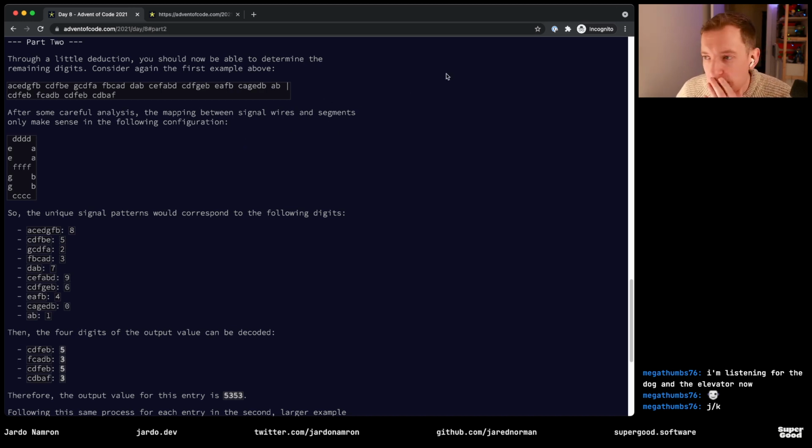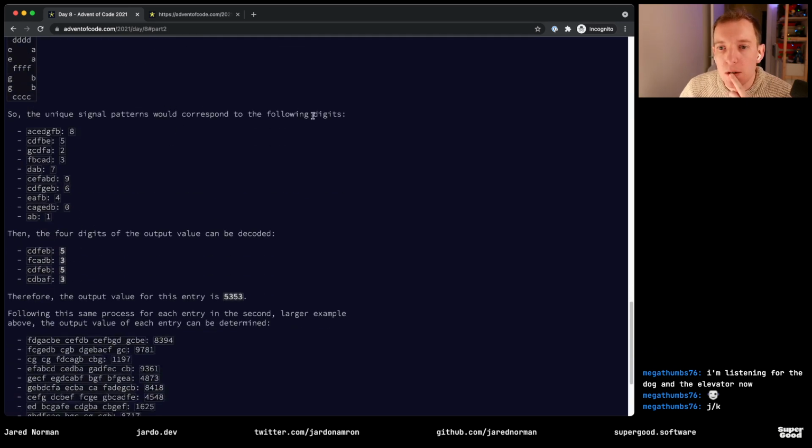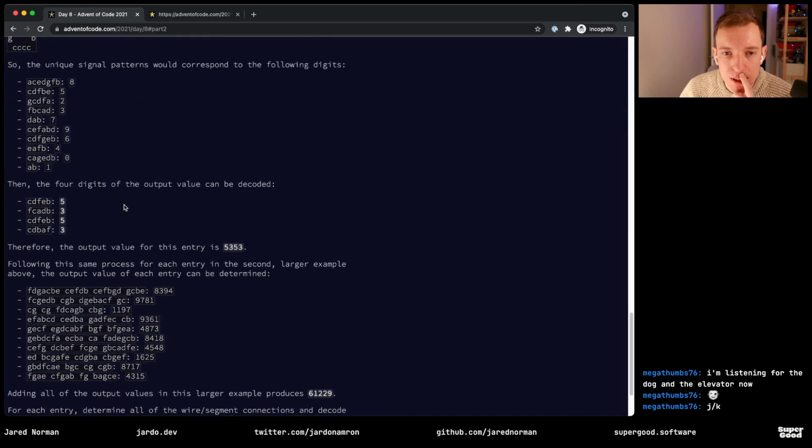All right, part 2. Through a little deduction, you should now be able to determine the remaining digits. Consider again the first example above. After some careful analysis, the mapping between signal wires and segments only makes sense in the following configuration. Sure. So the signal patterns would correspond to the following digits. Sure, I believe you that you could deduce that.